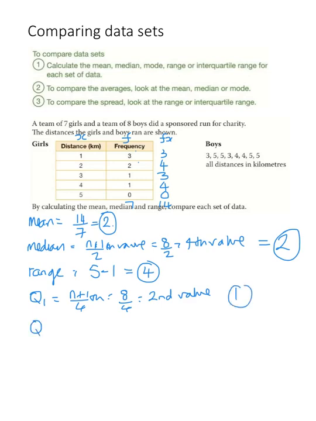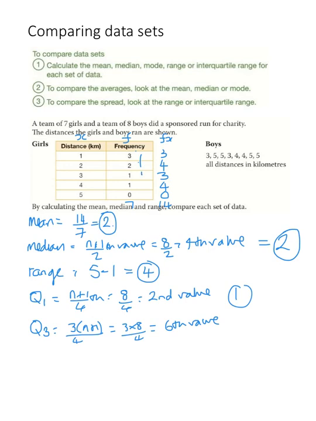The upper quartile is our Q3, 3 quarters of the way along, so it's 3 times n plus 1 over 4, which is 3 times 8 over 4, so I want the 6th value. Counting down the frequency, 3 plus 2 is 5, so 5 pieces of data here.